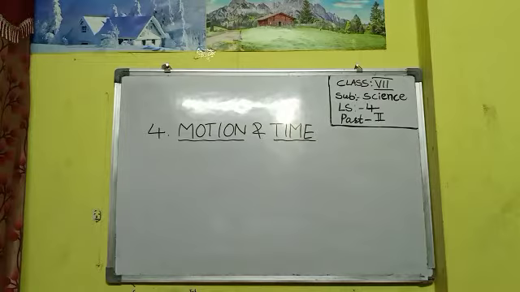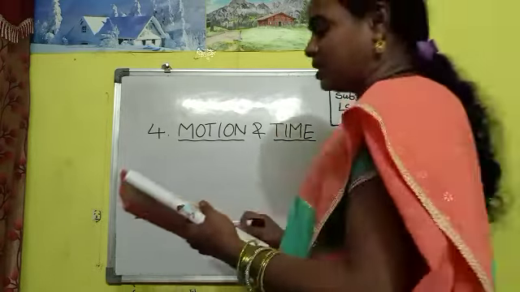Motion of the earth around the sun, it is a rotatory motion, write R. Motion of a drill bit, this is both translatory and rotatory. Motion of wheels of an object, this is a rotatory motion, write R here. Okay children, so these are the different types of motion.